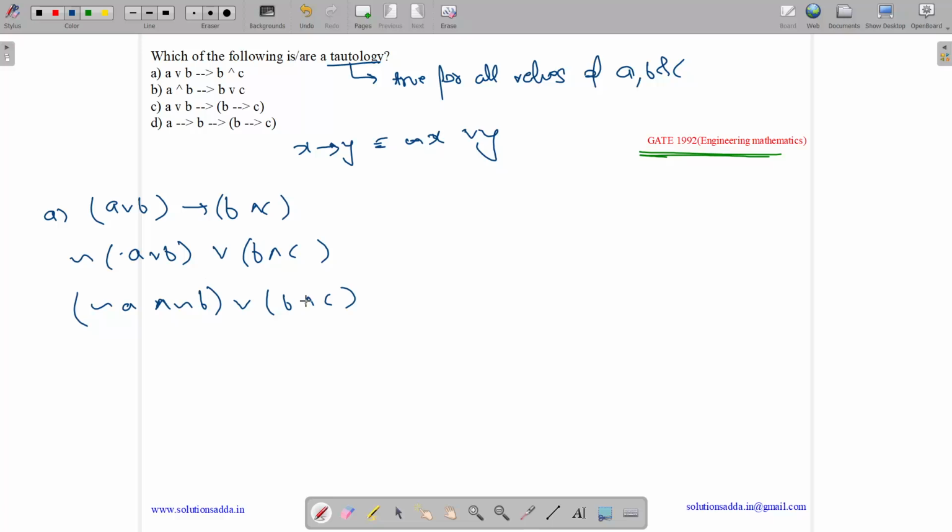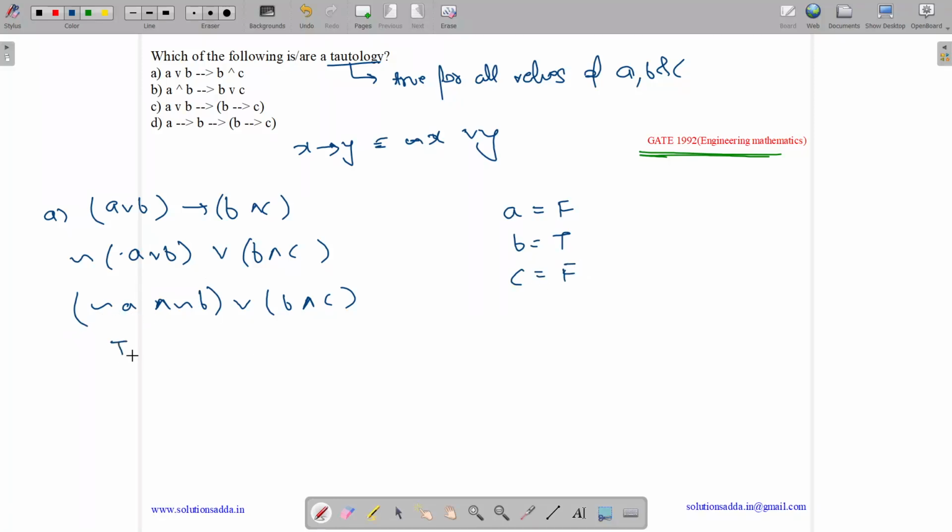So let us try to make this as false. If we take C as false, this becomes false. And if we take A as false, B as true, and C as false, then let's see what happens.